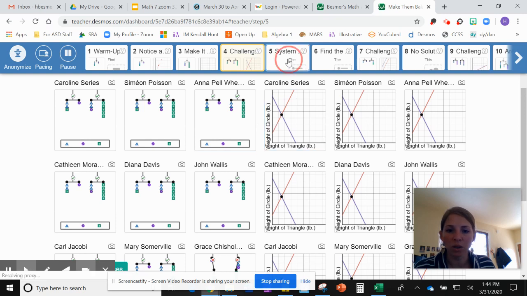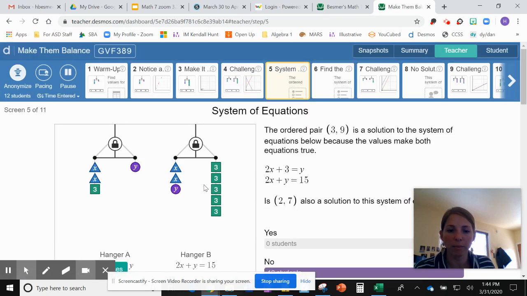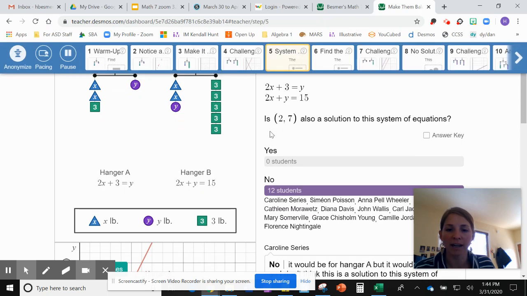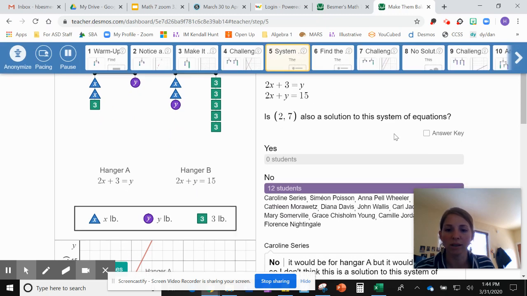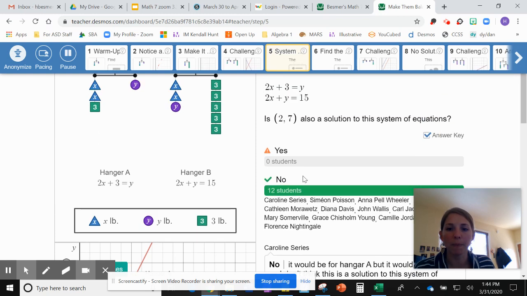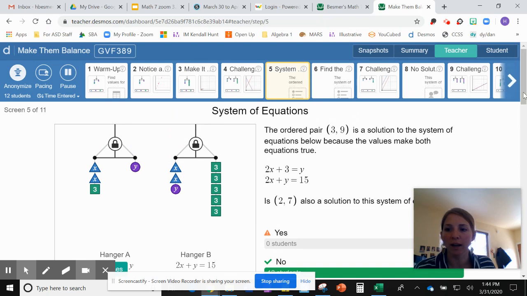So I wanted to talk a little bit about identifying (2, 7) as a solution to the system. You guys were correct in your thinking here, which was awesome, all 12 of you that participated. There are a few different ways to check, right?